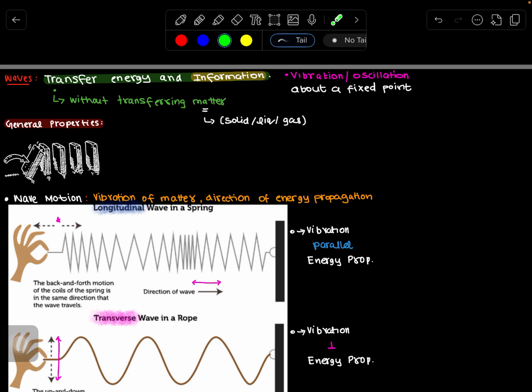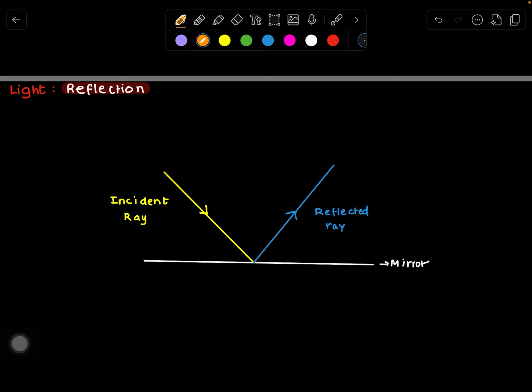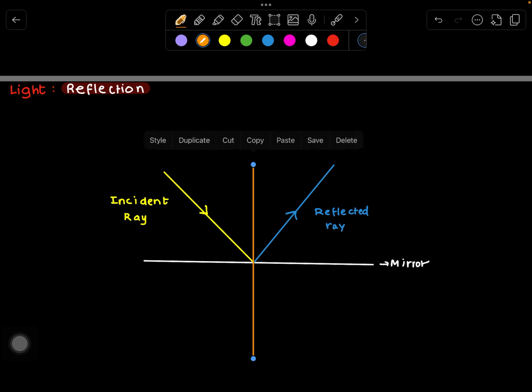So this is the reflected ray. अब हम इस boundary से एक dotted line extend करते हैं 90 degrees पर. Like that. Make sure it's perpendicular to the boundary. इसको हम कहते हैं normal.